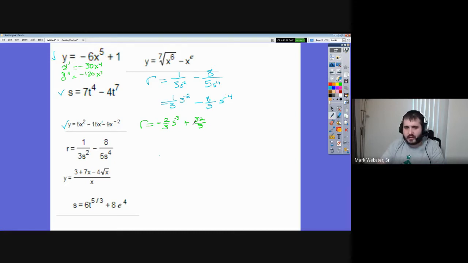The two negatives cancel out, become a positive. This negative 4 drops down to a negative 5. It's the same idea each time. All right? And this is our r prime.